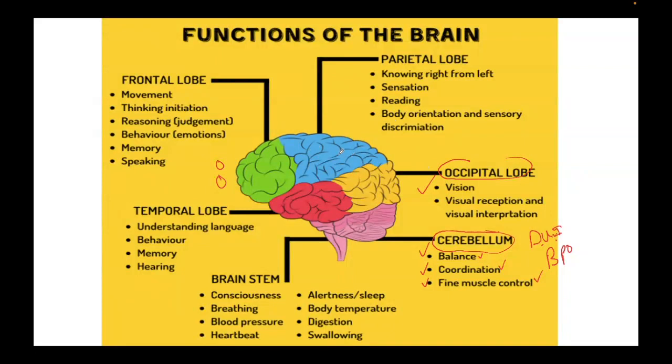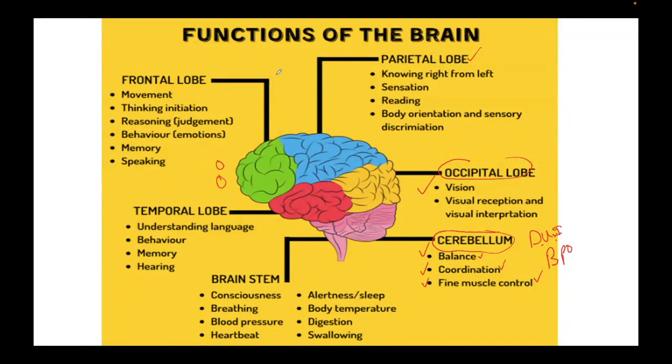Your parietal lobe helps you know the difference between your right and your left, and the perception and sensation between the right and the left. People that have parietal lobe issues say, look at my left ankle, it's so much more swollen than my right ankle, oh my God, that limb is so much fatter than that limb, right? When they have these body image disorders, it comes from parietal lobe imbalances.